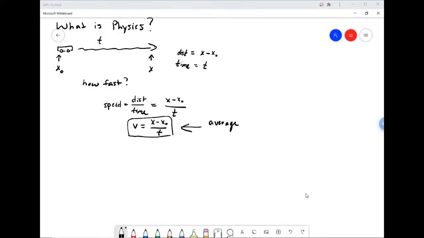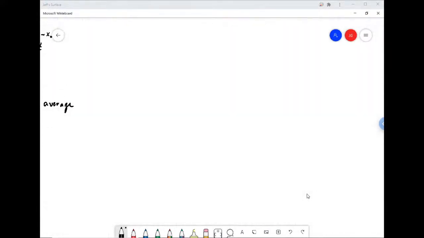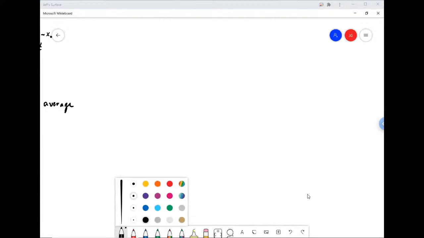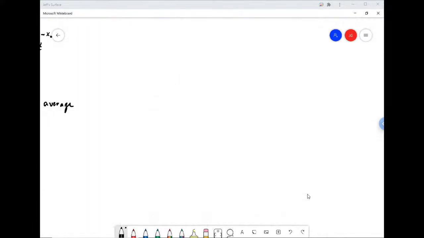All right, so back to the whiteboard. You could say a scalar quantity is just a number.